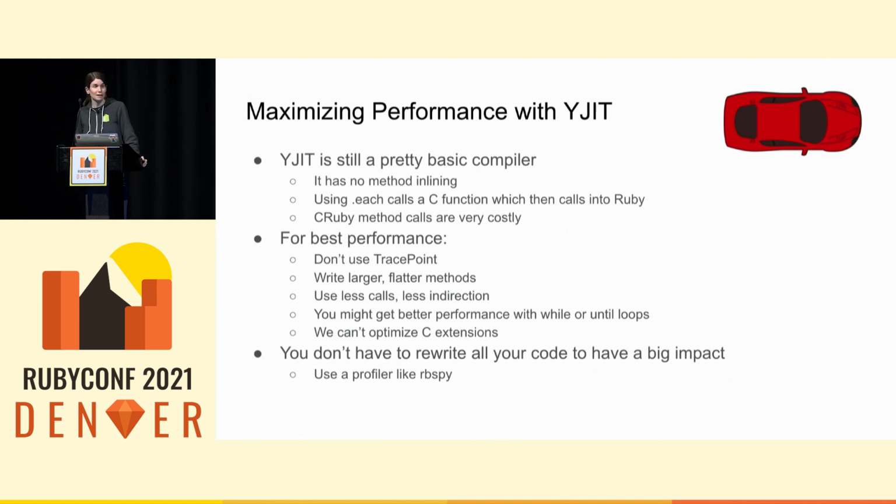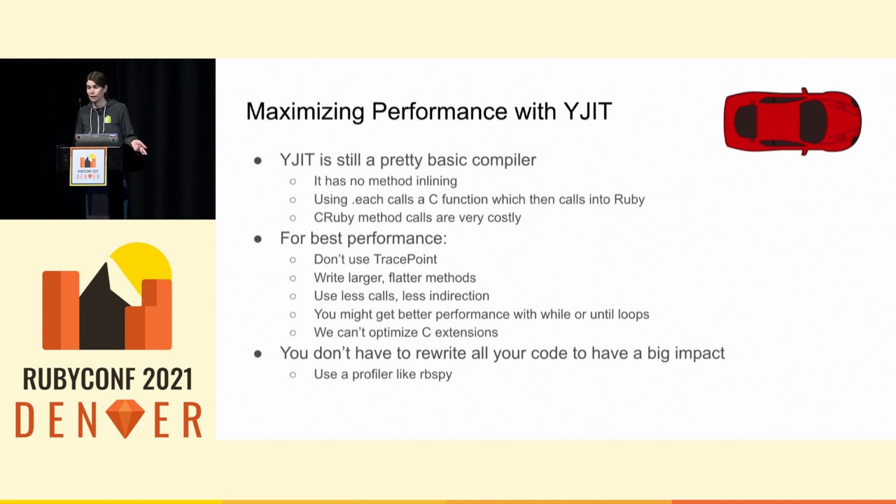I realize that this performance advice is not necessarily practical, because what I'm basically asking you to do, if you want the best performance possible, is to pre-chew your code because the compiler is too basic. But I think you don't necessarily have to rewrite all of your code to have a big impact.